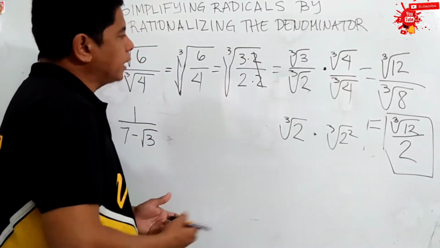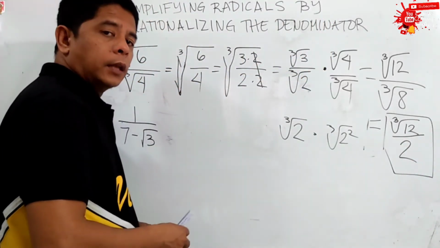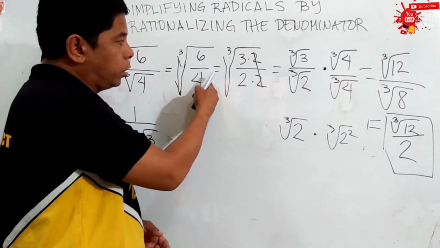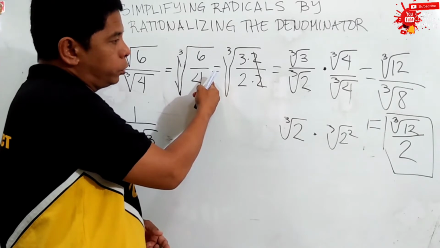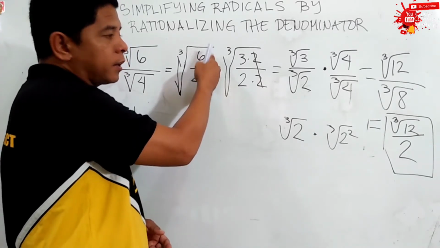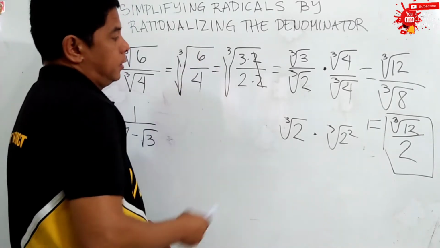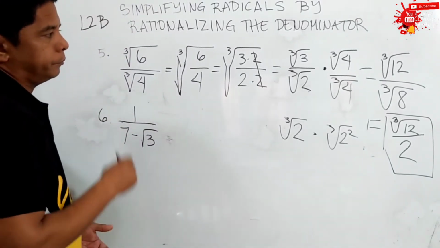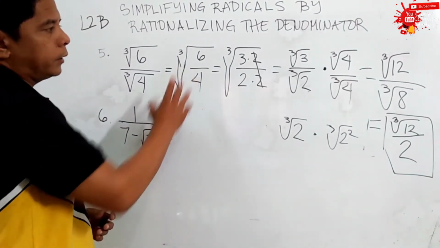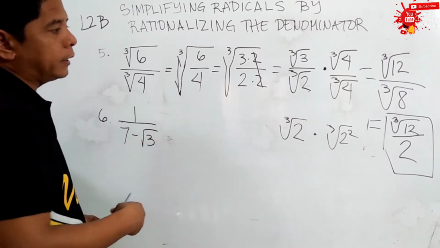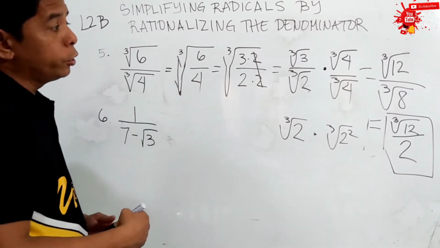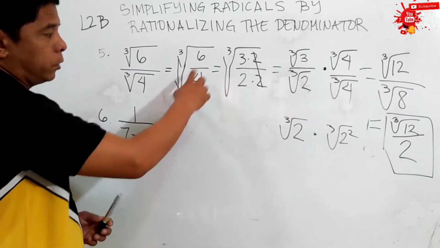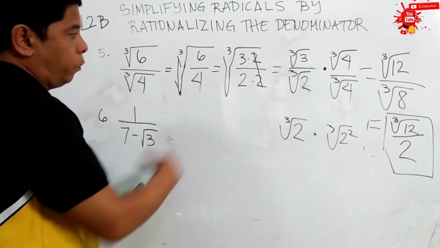Okay. So, ang ginawa natin dito, hindi muna natin ni-rationalize, kasi kapag ni-rationalize natin to by multiplying by cube root of 2, magra-rationalize ka pa sa taas. Okay. So, next. Pwede rin natin gawin yan na i-multiply natin siya ng cube root of 2. Para lang din yan. So, cube root of 6 over cube root of 4.